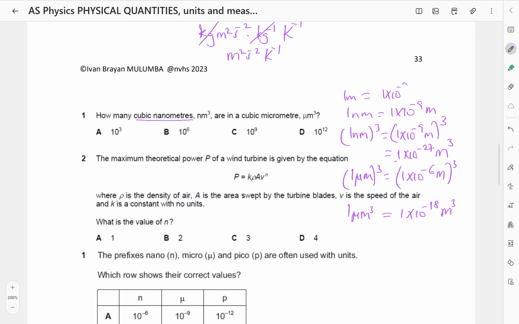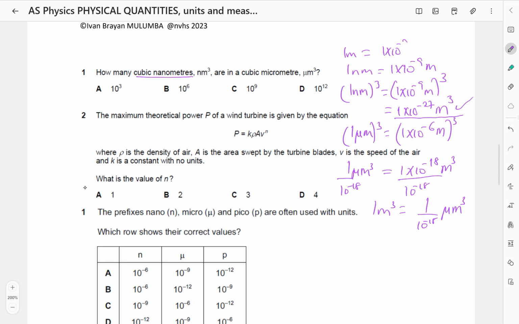So we now want to change 1 times 10 power negative 27 meters cubed to cubic micrometers. So I'll just divide this by that. If I divide both sides by 10 power negative 18, it means 1 meter cubed is the same as 1 over 10 power negative 18 cubic micrometers.